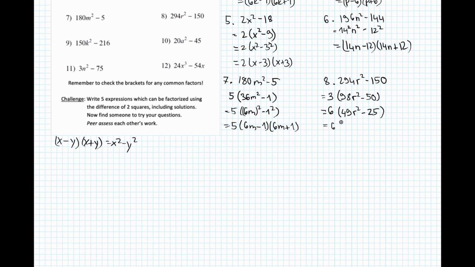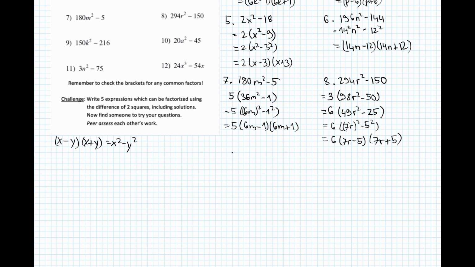That's the same as 6 times (7r) squared minus 5 squared. And we can rewrite it as a difference of two squares: 6 times (7r minus 5) times (7r plus 5). And that's the final answer.